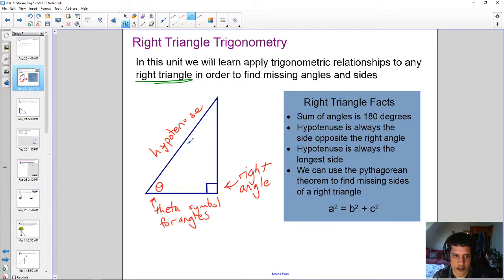We call this side A. The square of the longest side, a squared, is equal to the sum of the squares of the two other sides, B and C. All right. So that's another thing we can use. It doesn't involve trigonometry at this point, but that's just another thing that we can use to understand the sides of a right triangle.